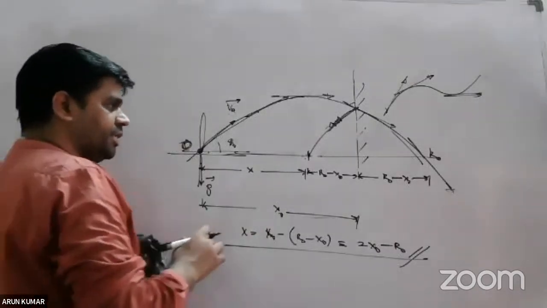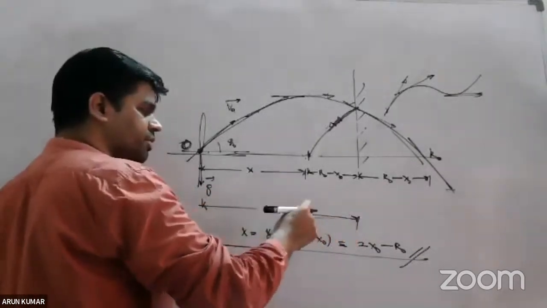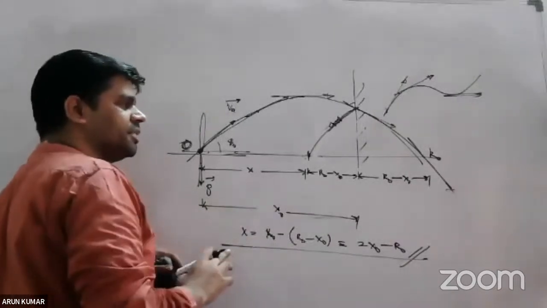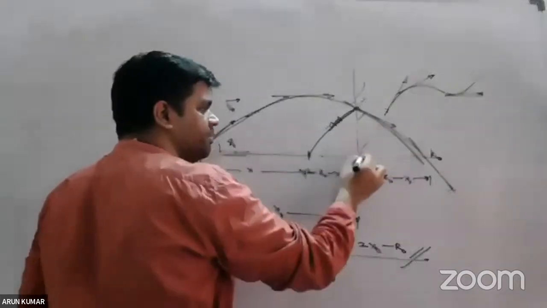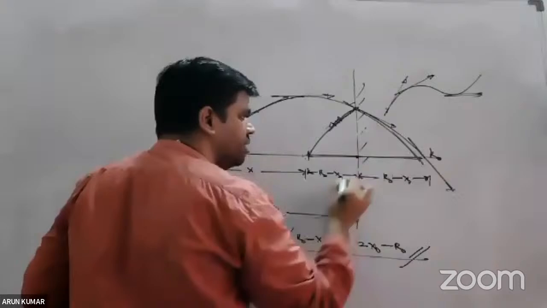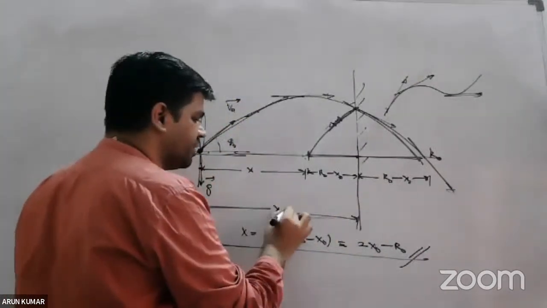Okay, now see, I'm just measuring the distances along the horizontal, summing up or subtracting the distances. This is symmetric to this one. If these two are symmetric, this distance is equal to this distance, right? This distance is x naught, and this distance is x naught.